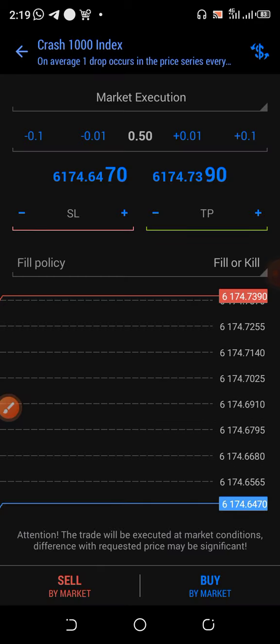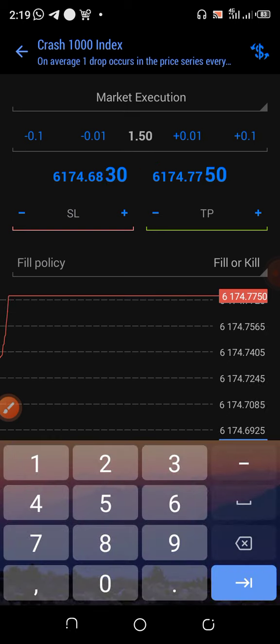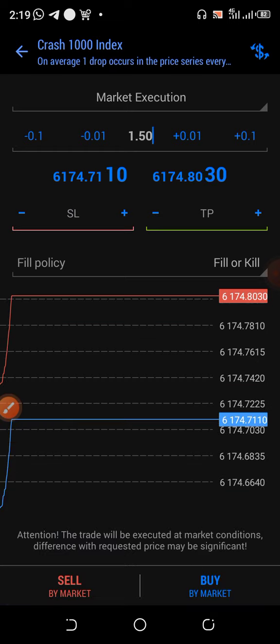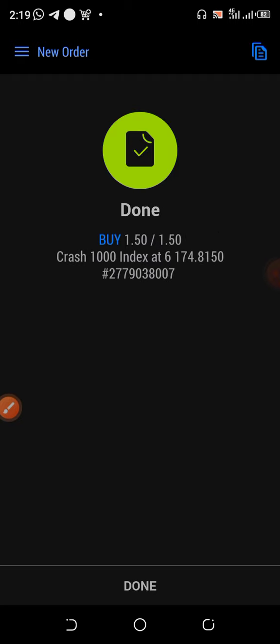And this time I will be using 1.5. I'll be using 1.5 to place my trade. I'll be doing the buy 1.5.